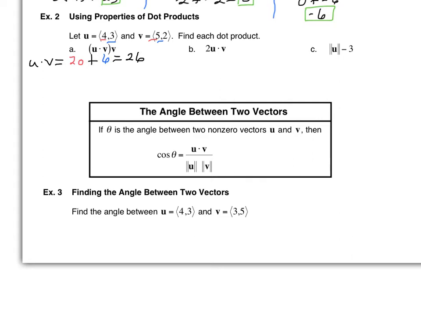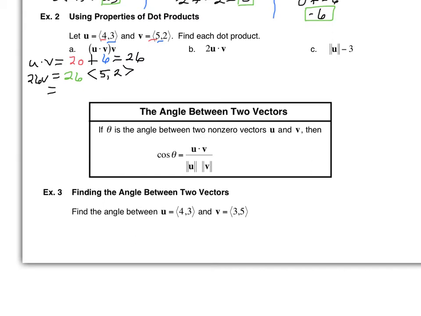Then we're going to take that 26 and multiply it to v. So now we want to find what is 26 times v. That would be 26 times the vector v, which is 5, 2. We're just going to multiply the 26 straight in there.